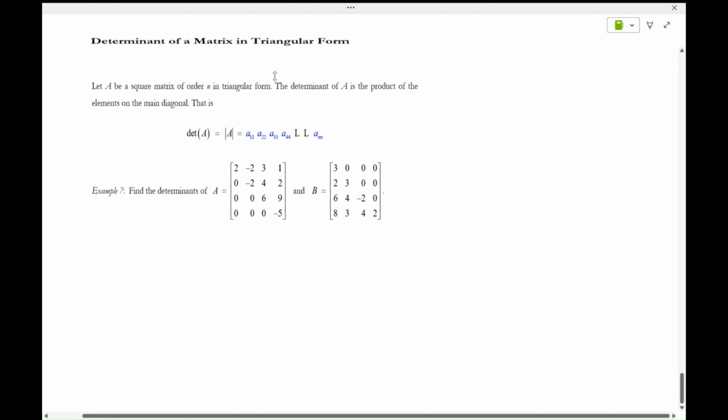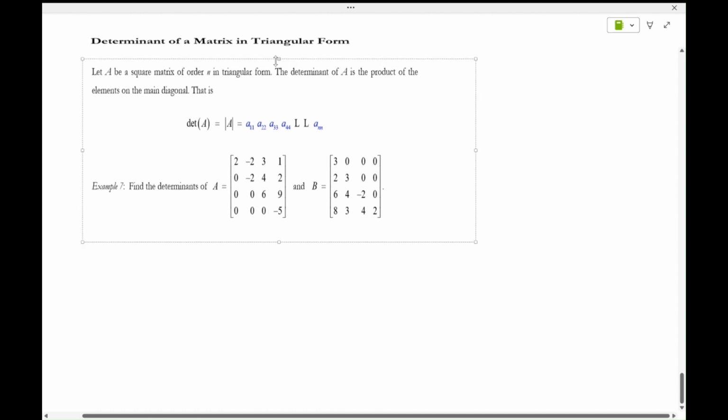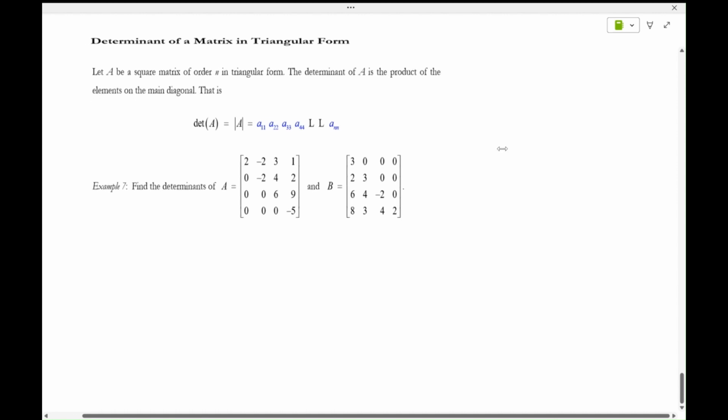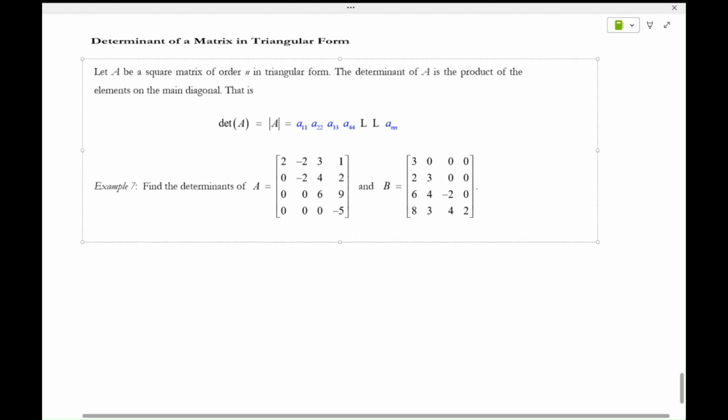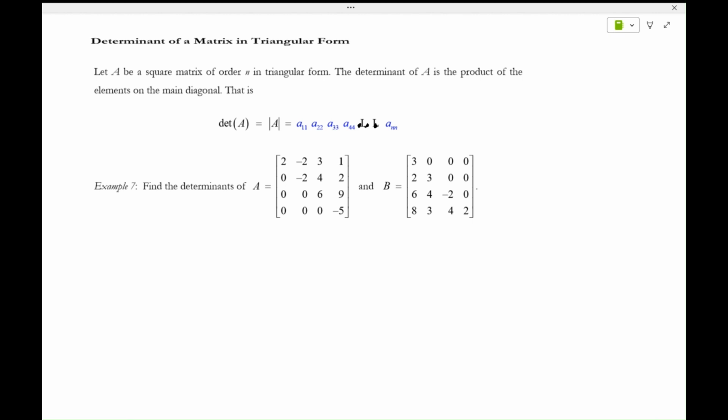We just need to multiply the elements in the main diagonal. So this is a multiplication: A11, A22, A33, A44 up to Ann are the elements in the main diagonal.